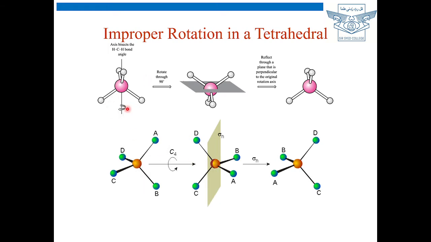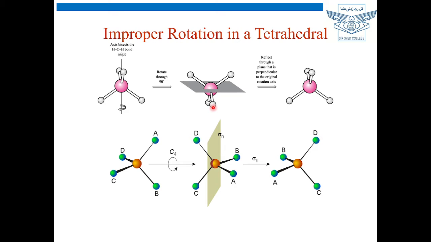Yeah, see here this molecule. What you are doing initially, you are rotating through 90-degree, then you are inverting. Right, you are reflecting the molecule along this plane so that these two are coming here.